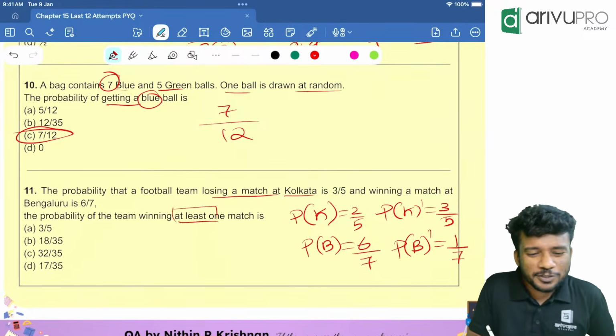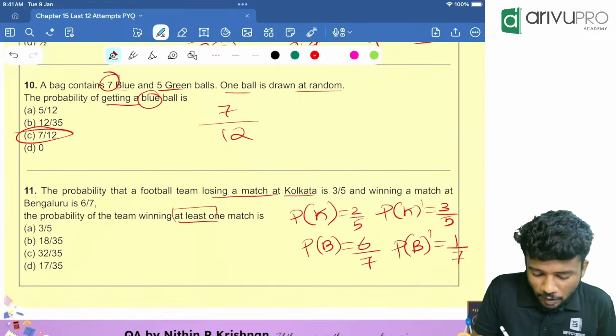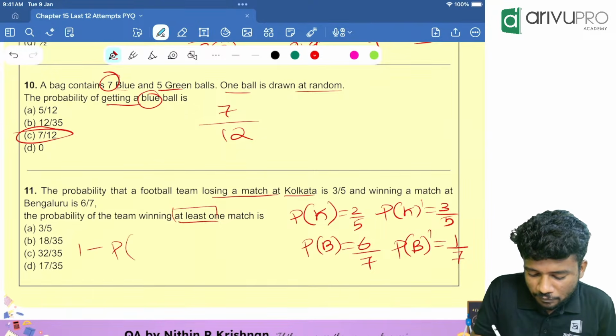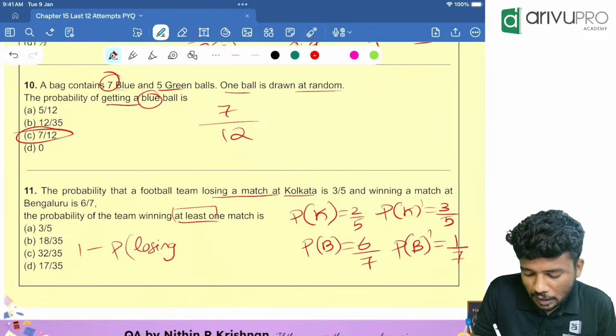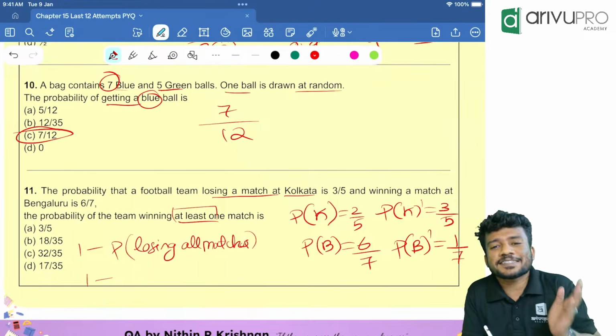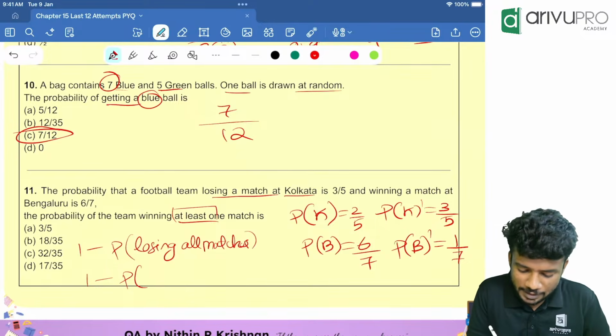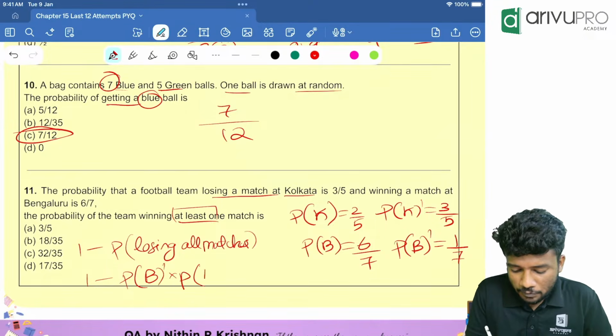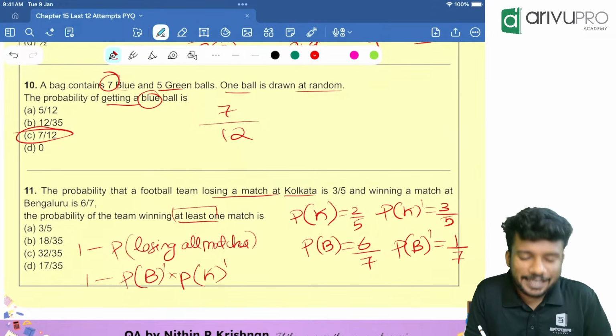The easiest way to solve is what? 1 minus P of losing all matches. So if you know they are independent events, correct? So 1 minus P of losing all matches can be written as 1 minus P of B complement into P of K complement.